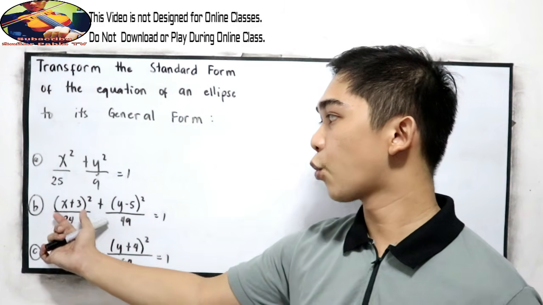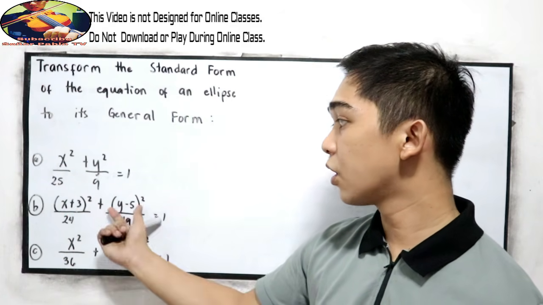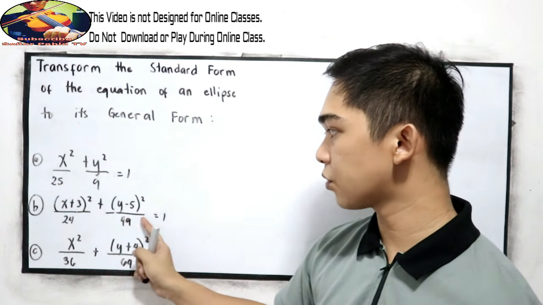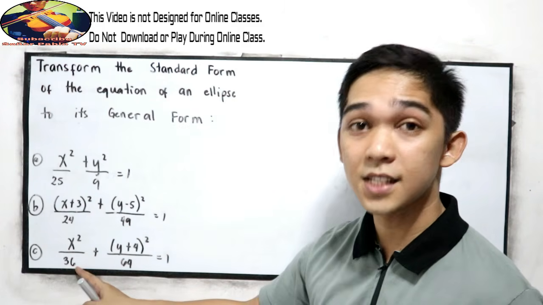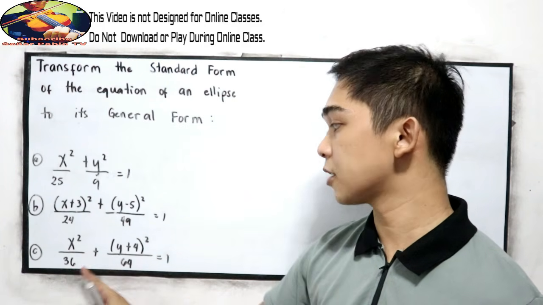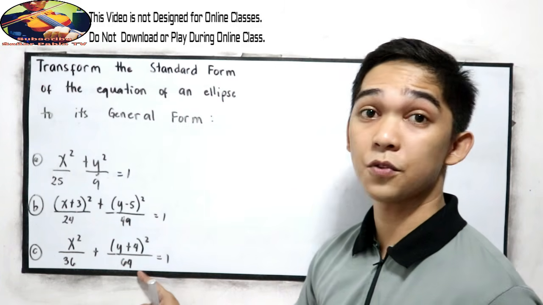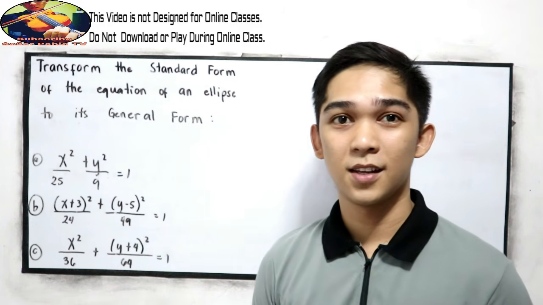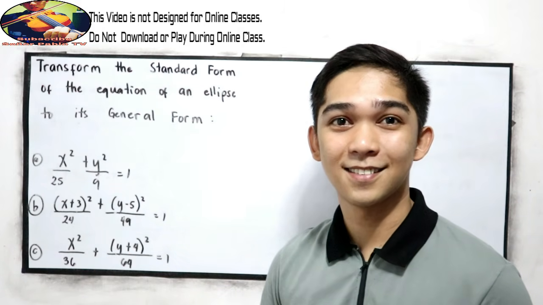Letter B, quantity x plus 3 raised to 2 over 24 plus quantity y minus 5 raised to 2 over 49 is equal to 1. And for letter C, x squared over 36 plus quantity y plus 4 raised to 2 over 64 is equal to 1. I will answer A and B, then your assignment is letter C.